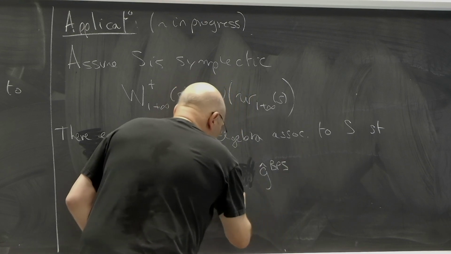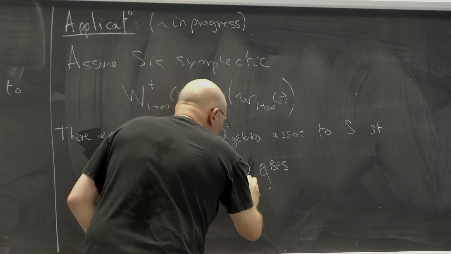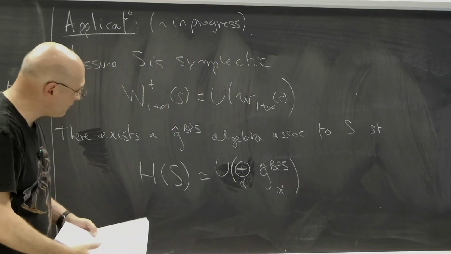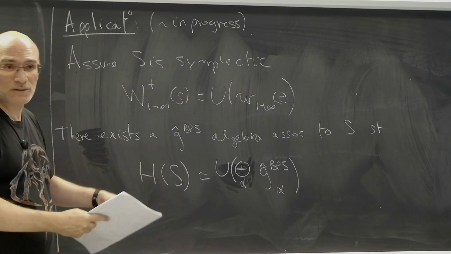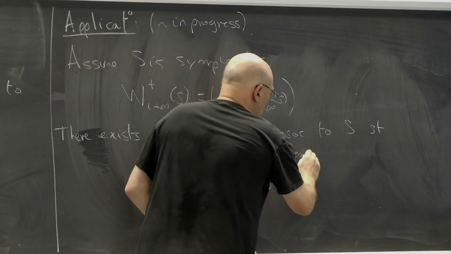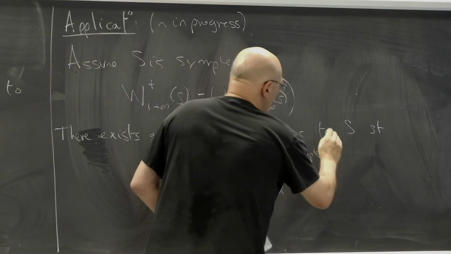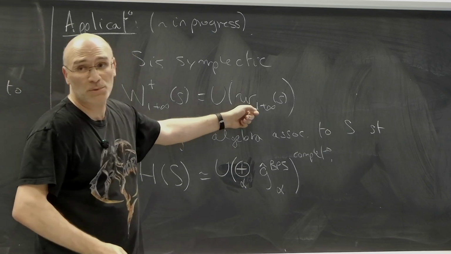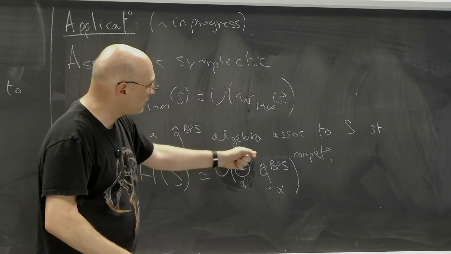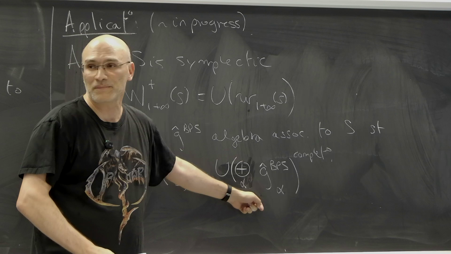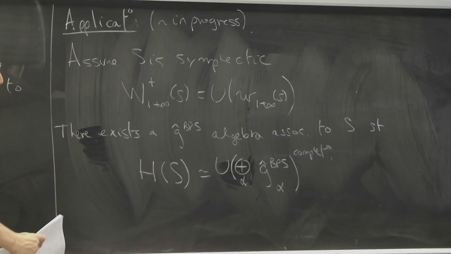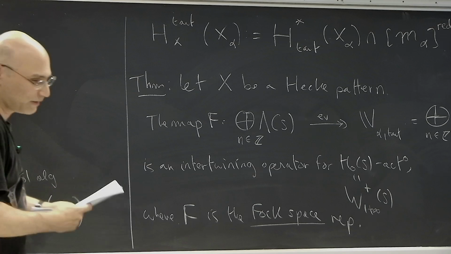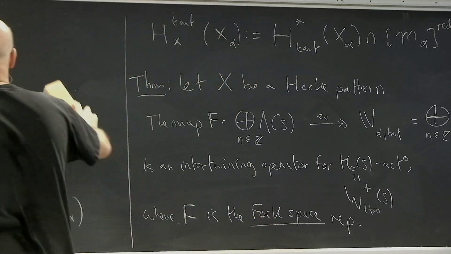Maybe I should write it like that. This is U of the direct sum for all alpha. And here you have to be a little bit careful because this is a topological vector space, so you have to complete, up to some completion. But anyway, we have this Lie algebra that's going to act by adjoint operator on this Lie algebra, just because everything is a Lie algebra. So a piece of the Lie algebra acts by Hecke operators on the full Lie algebra.